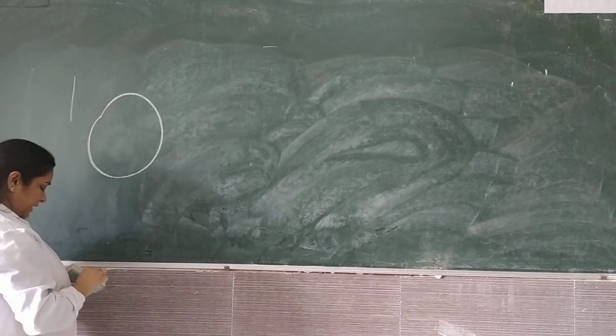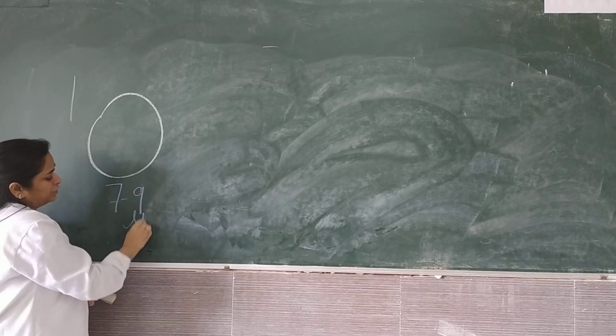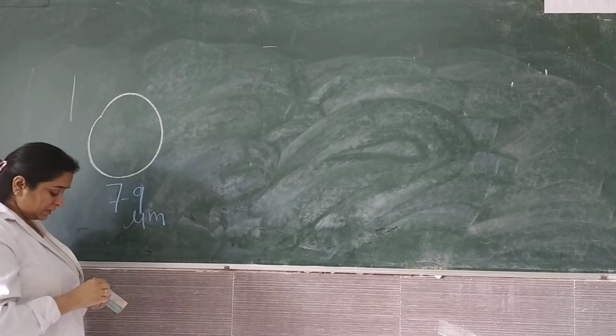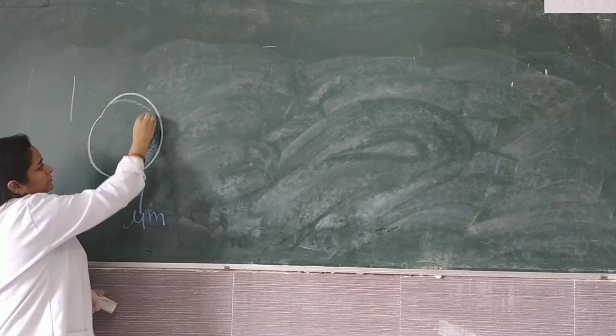Earlier we said the size of small lymphocyte is between 7 to 9 micrometer, and the nucleus completely occupies the cell.